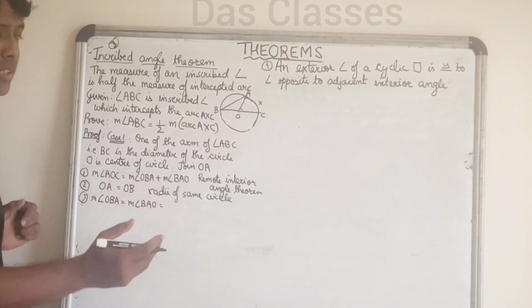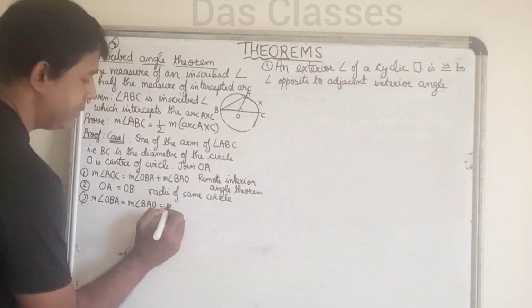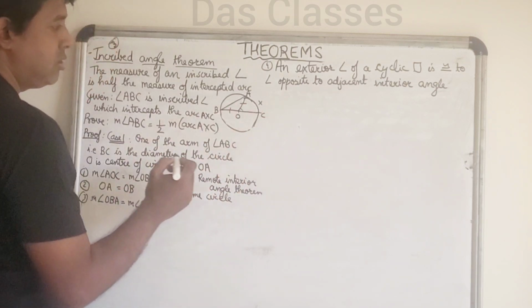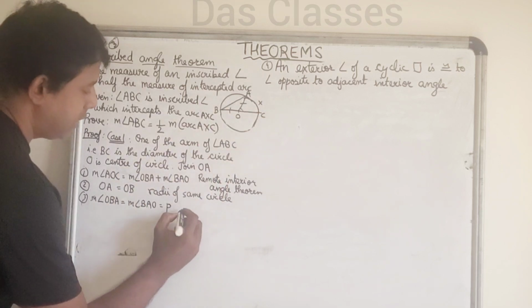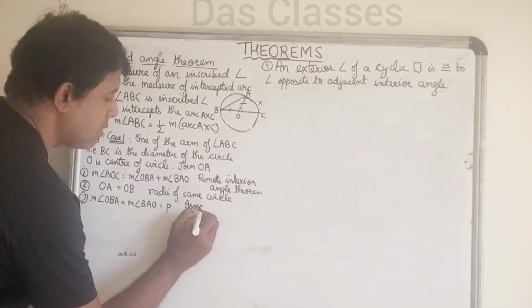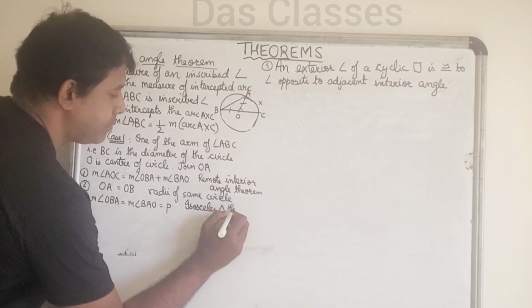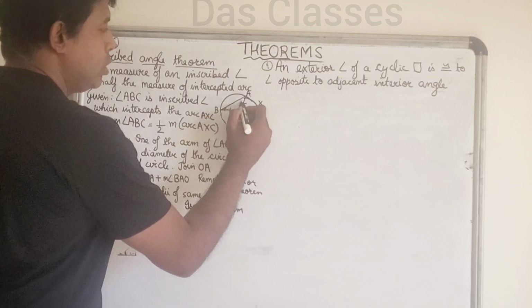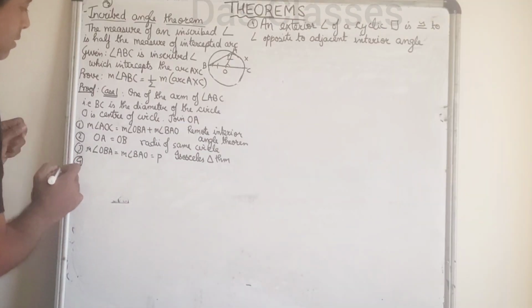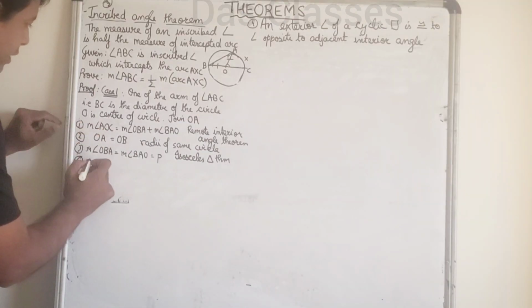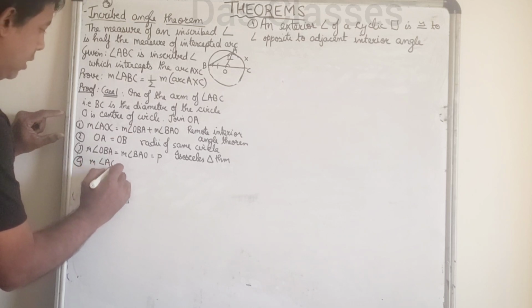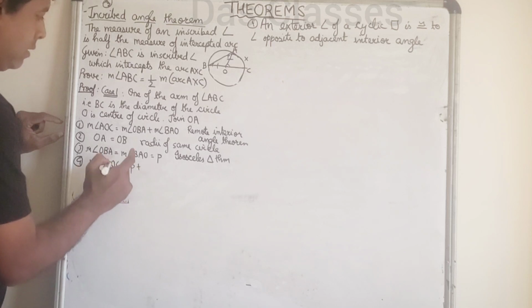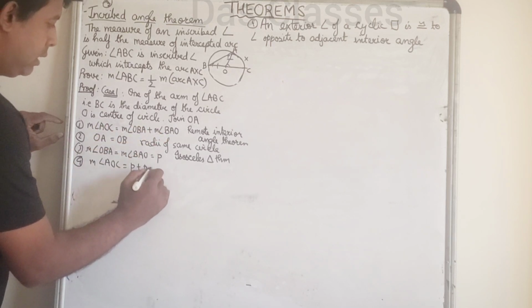Let's consider it with some letter, say P. Reason: as these two sides are equal, it's an isosceles triangle, so the angles opposite to these sides are equal. Isosceles triangle theorem. So if this is P, this should also be P. Fourth step. Now, therefore, measure angle AOC will be equal to measure angle OBA which is P, plus BAO which is also P, that is equal to 2P.